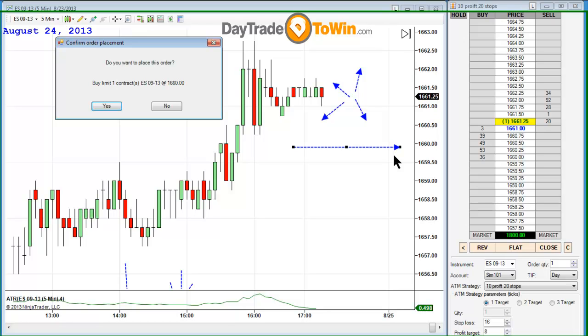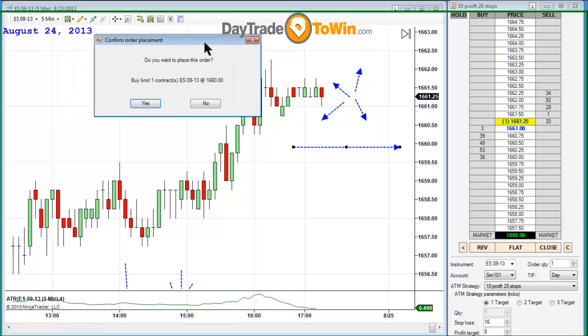So if I know the exact price that I want to enter, let's say it's 1660 to go short, and I need to see a closing candle below 1660 before I click yes, I have this box up waiting with a limit order to go short at 1660.